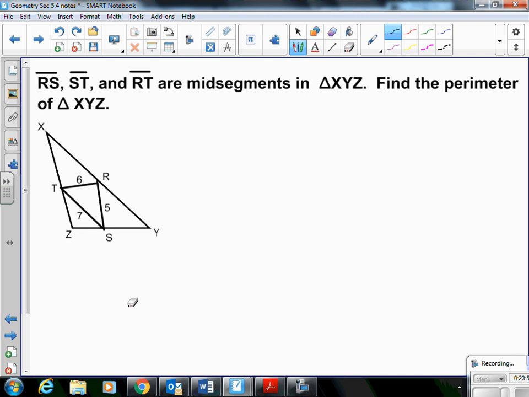So basically, we look at side XZ. That side is equal to 2 times the length of RS. Right? That's mid-segment RS. Which 2 times RS, we know that RS is 5, so that's 2 times 5. That'll be 10 for XZ.